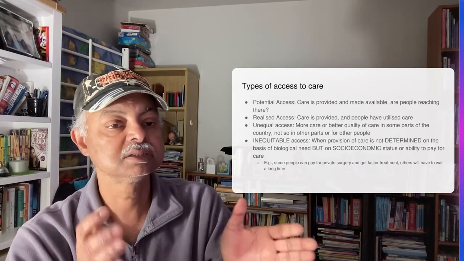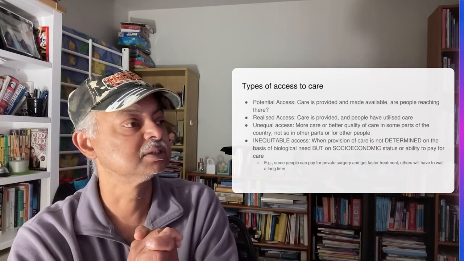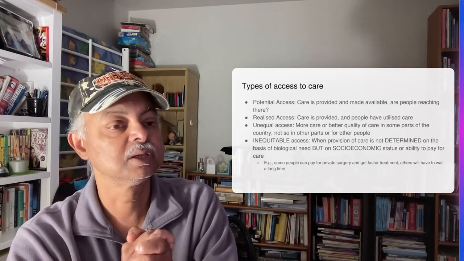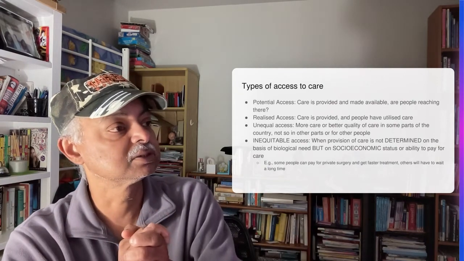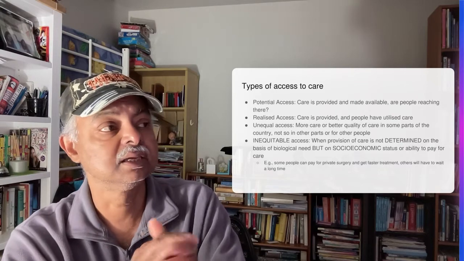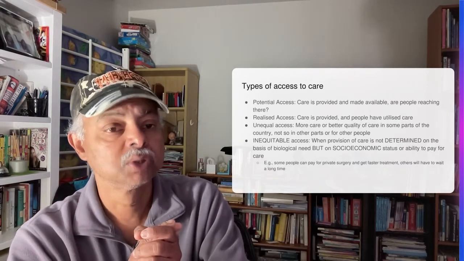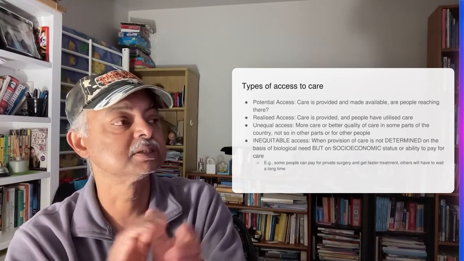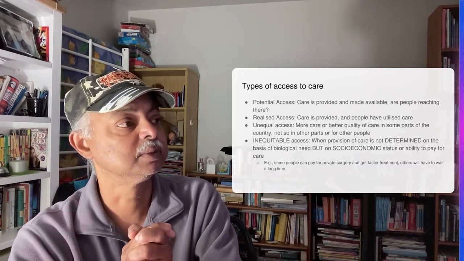However, if it turns out that a person who has more money and can pay for those services is prioritized before a person who is actually in need, then one person can access the services and the other cannot. But in this case, the access is determined not by the person's biological needs, but by the person's affordability. And that kind of access is called inequitable access.